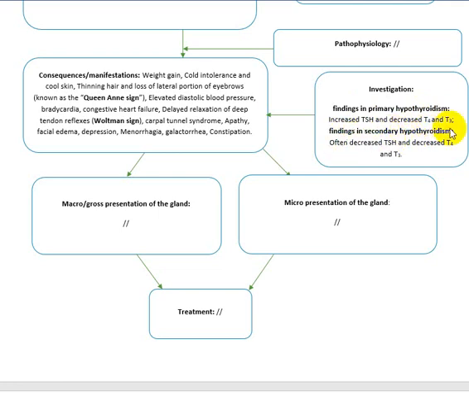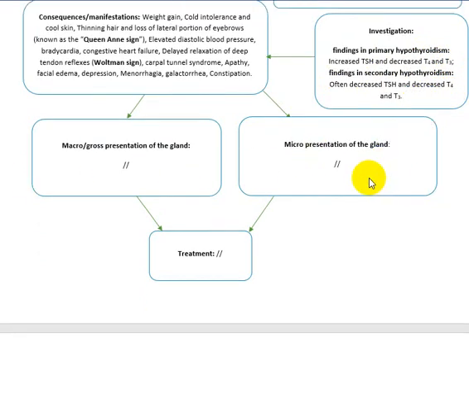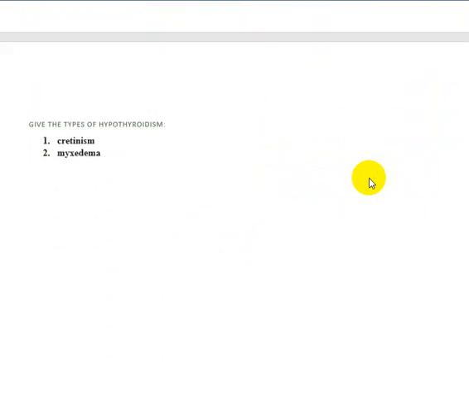Findings in secondary hypothyroidism: you have decreased TSH and decreased T3 and T4. The macro and micro presentation is not given yet.